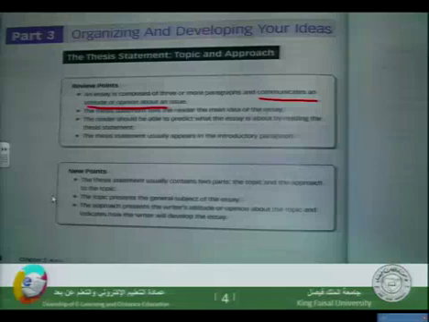So basically what you're trying to do is summarize to the reader what he or she is going to expect to find in the following lines.